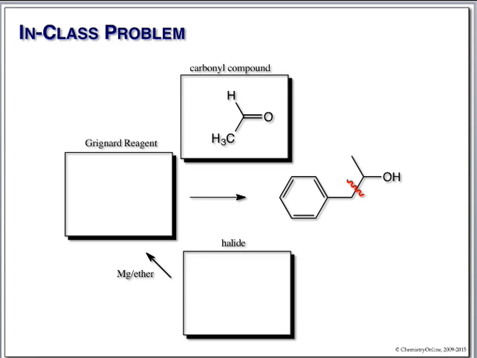The Grignard reagent, we have a benzene ring and a CH2. That's a benzyl group. So our Grignard reagent was benzyl magnesium bromide. And in order to make benzyl magnesium bromide, you would simply take benzyl bromide and react it with magnesium.